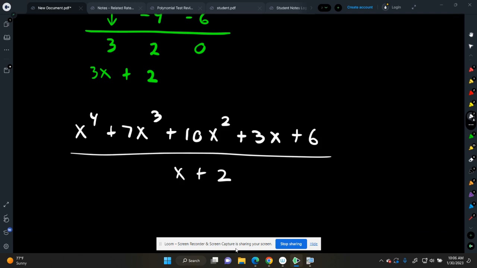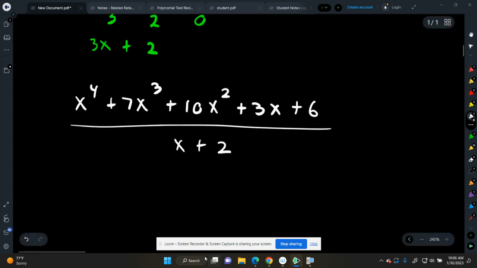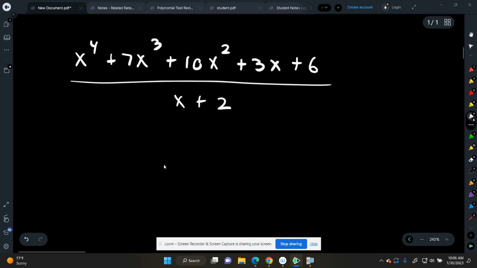Okay, so what goes in the corner? -2, good. So since it's x to the fourth, how would you not put the x down? Yeah, I'll show you. -2. Okay, so what's the number in front of the x to the fourth? 1. So we're going to do 1, right?